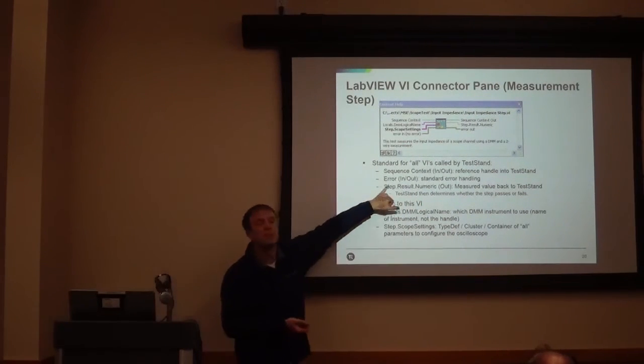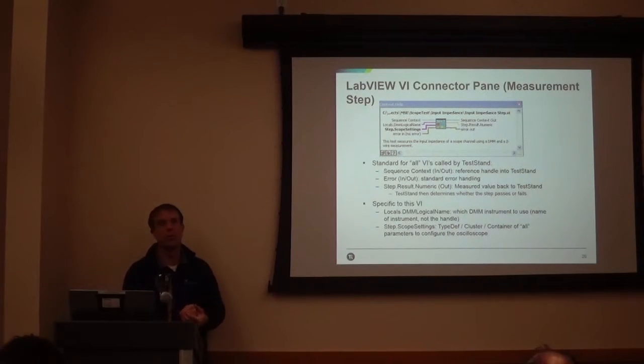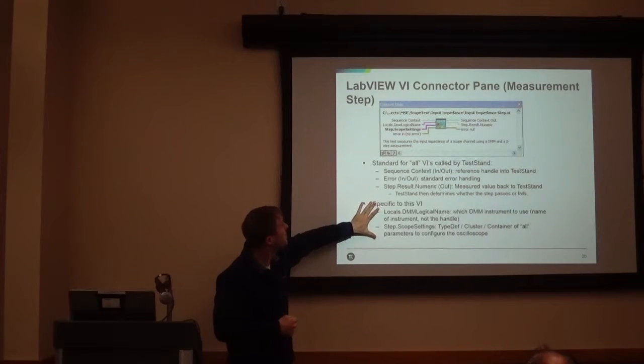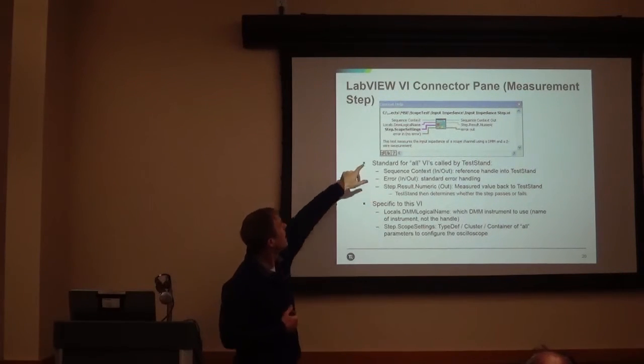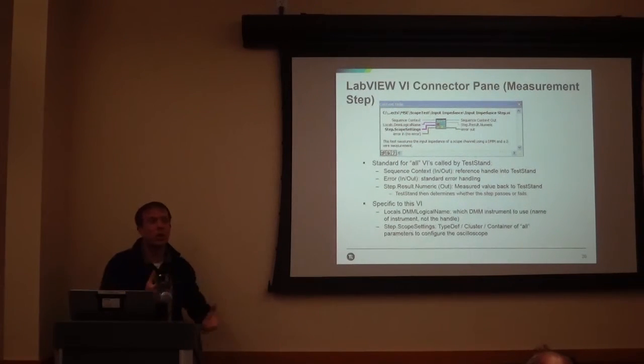And notice that a lot of this is named very similarly to what the variable names in TestStand would be, so it's easy to understand where this is supposed to hook up to from the TestStand side.